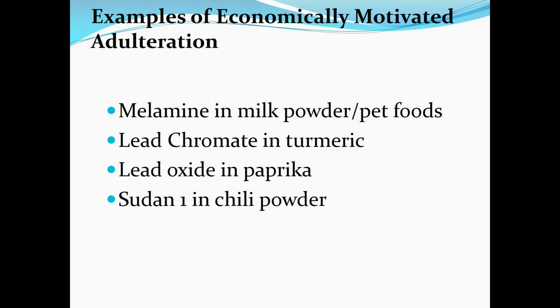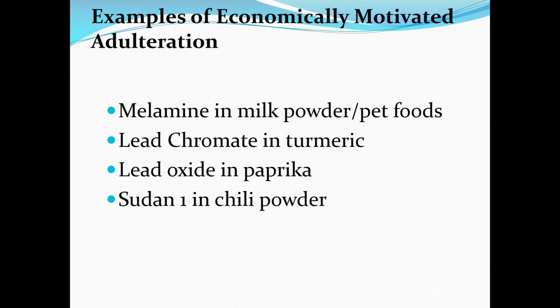Another example of economically motivated adulteration is the addition of certain dyes, coloring substances, to ingredients such as spices and candy, etc. Lead chromate, which has a beautiful yellow color, has been an adulterant in turmeric for a number of years. Again, if you are importing turmeric, obviously you'll be looking for the presence or absence of this particular dye, lead chromate, which is a coloring substance.